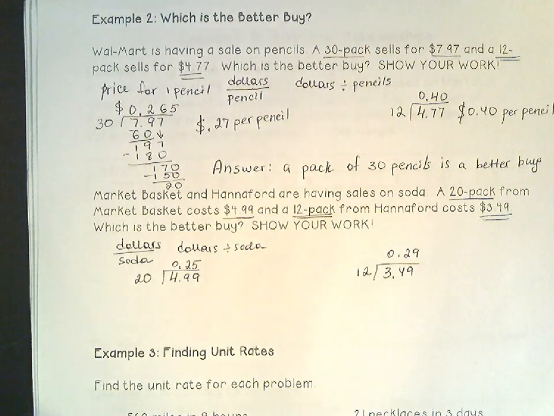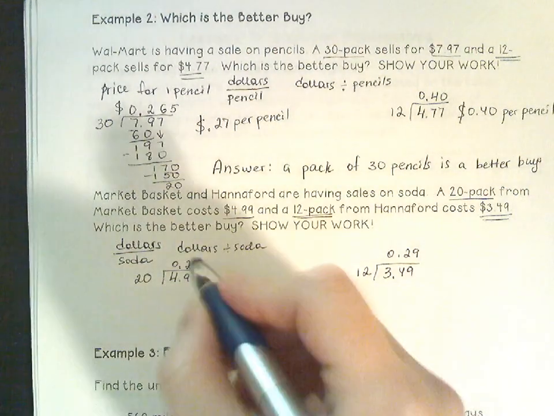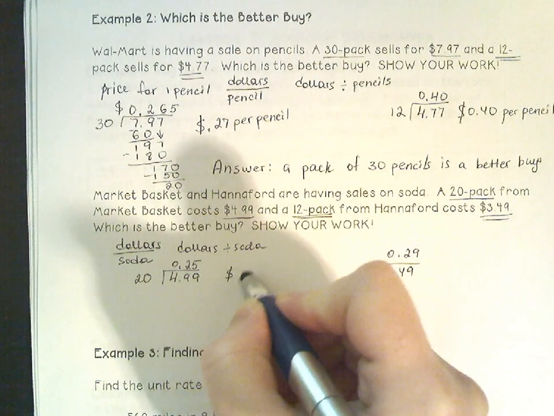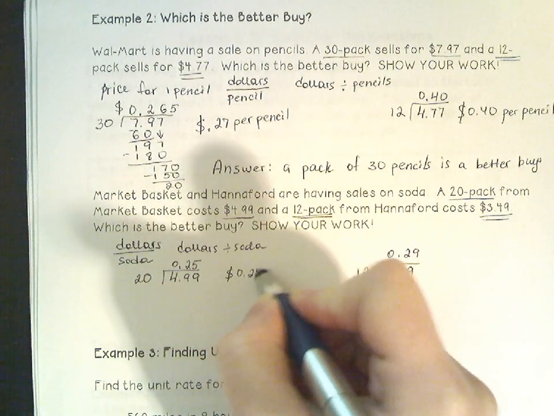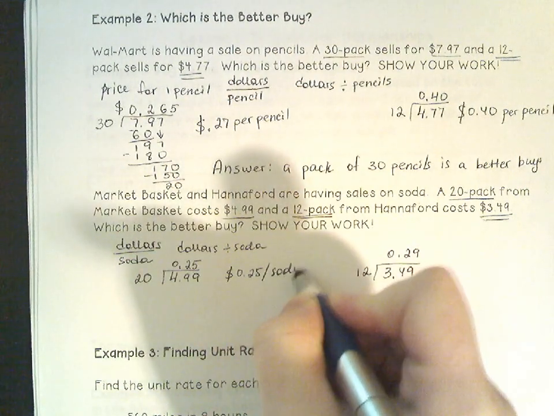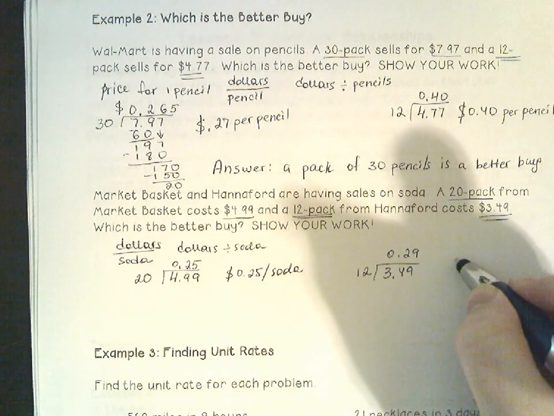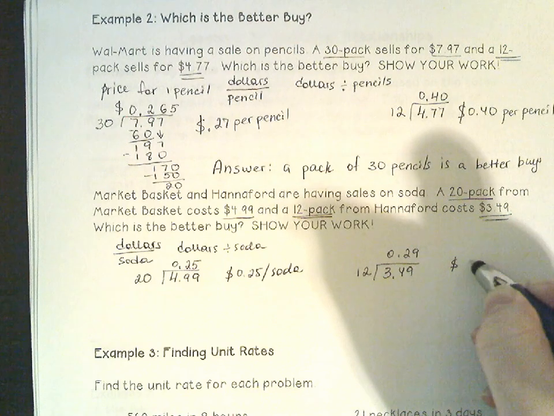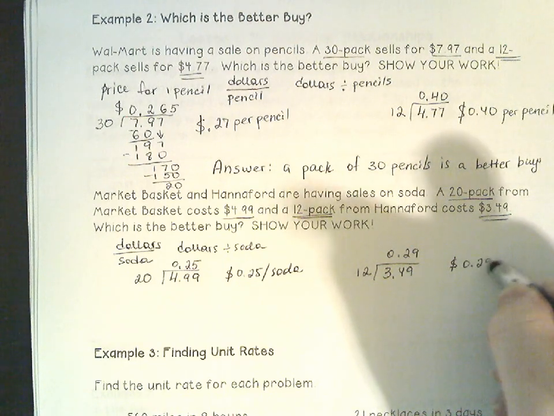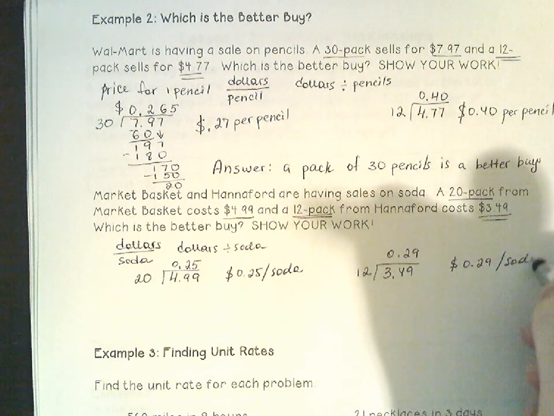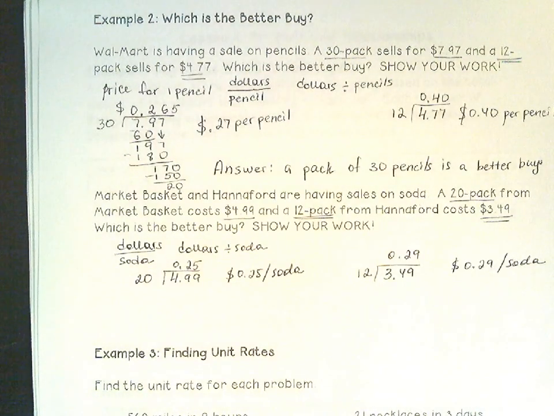These numbers are going to tell me the answer. So here I will have 25 cents per soda. And in Hannaford, I'm going to buy each soda for 29 cents. So which one is a better buy? The one from Market Basket.